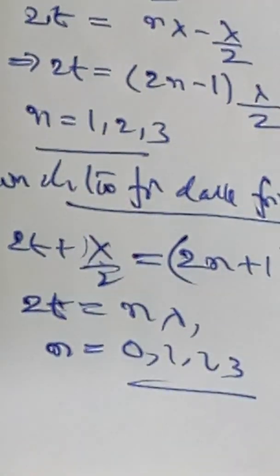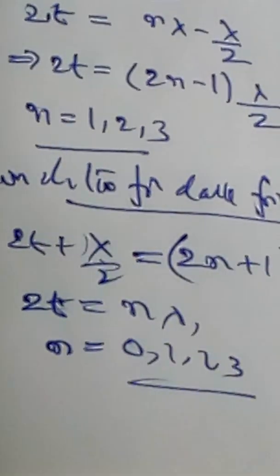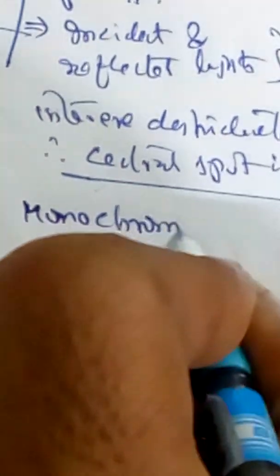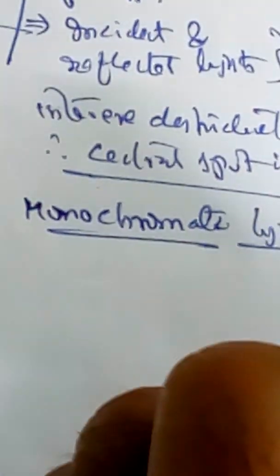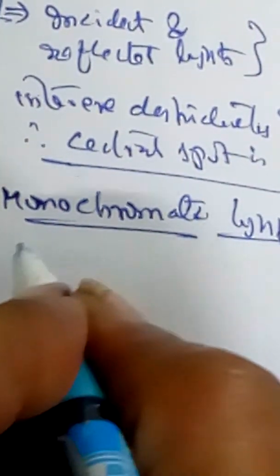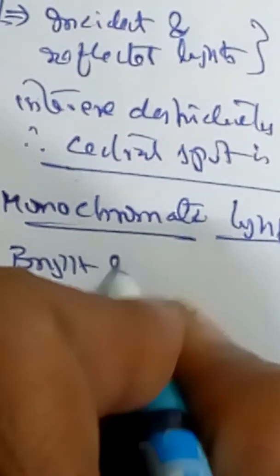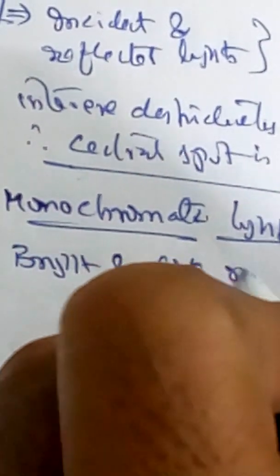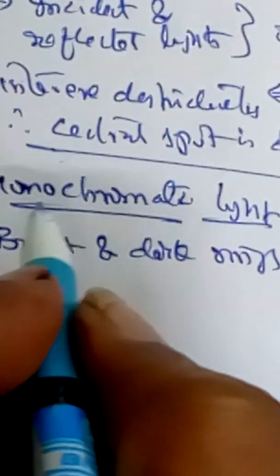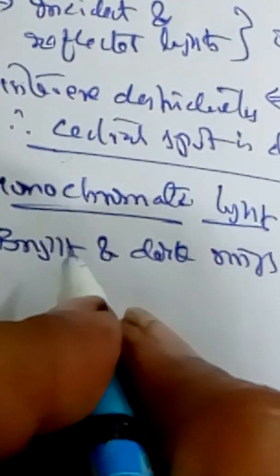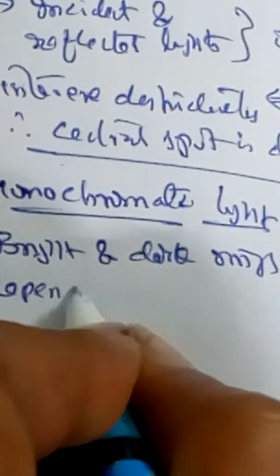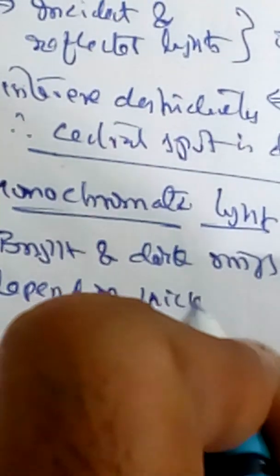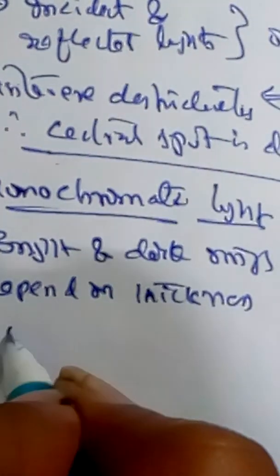So here an important point is to be observed. Now you are taking monochromatic light. So whenever you take a monochromatic light, and when you talk about bright and dark rings, both of them depend on the thickness of the air film.